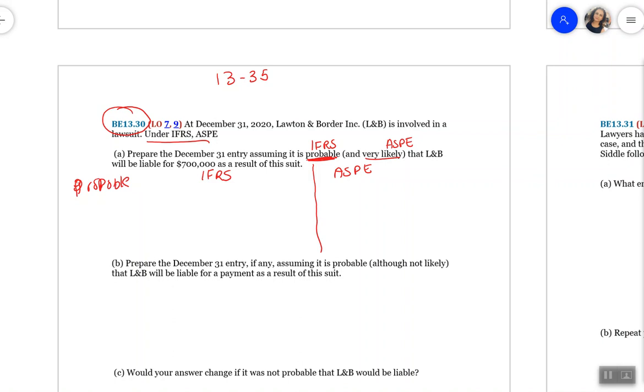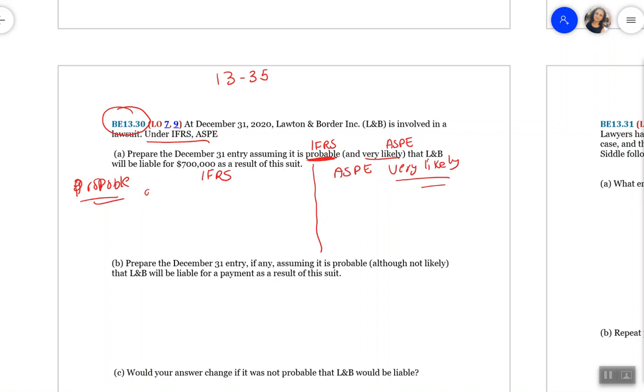Very likely is the terminology used under ASPE. They both are saying the same thing. Probable is that most likely, we are very likely going to lose this lawsuit. If we're going to lose it, we're going to lose the 700,000. So if it's probable and very likely, same thing.